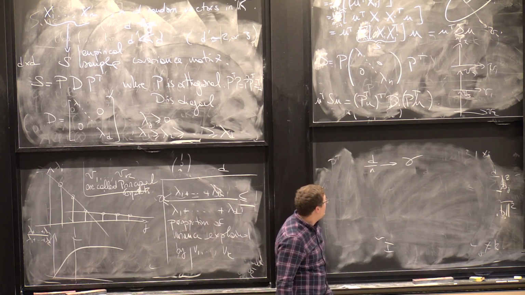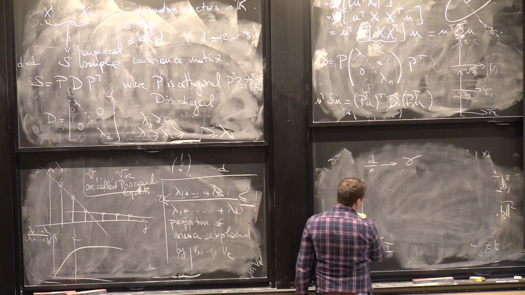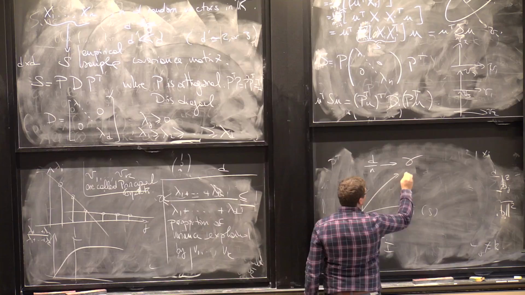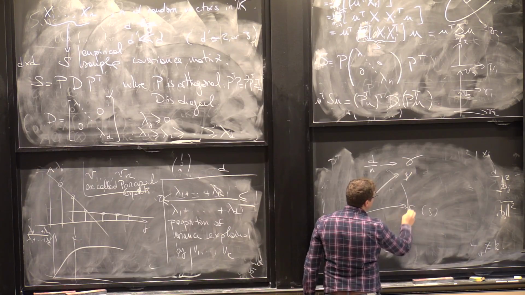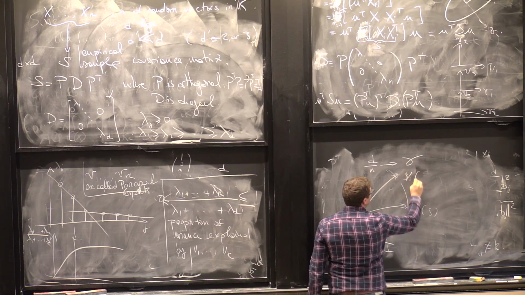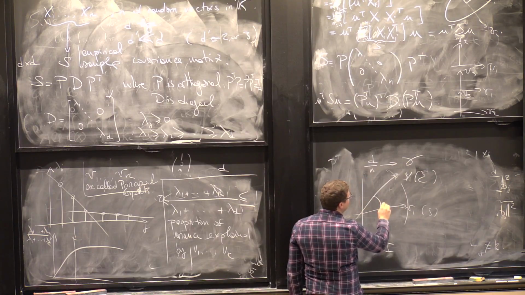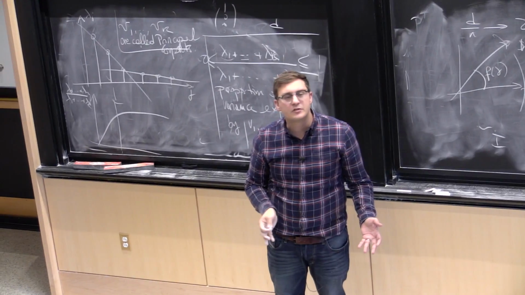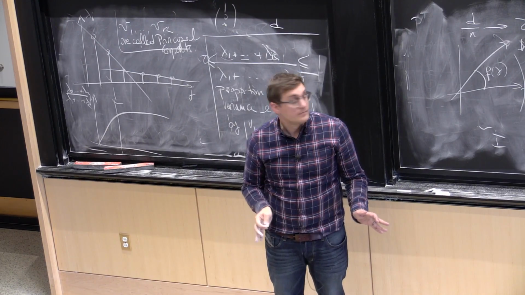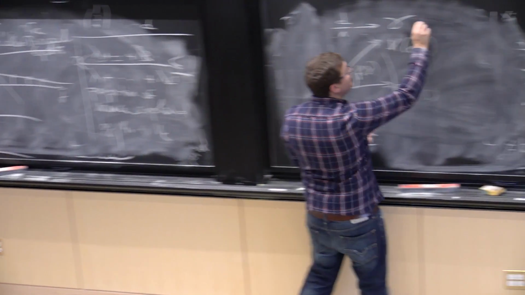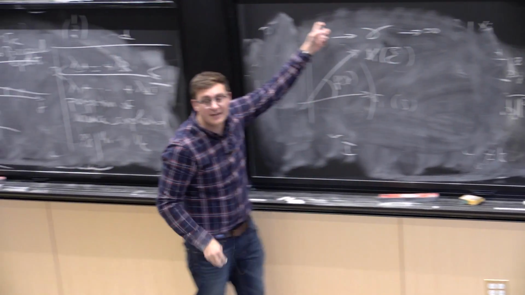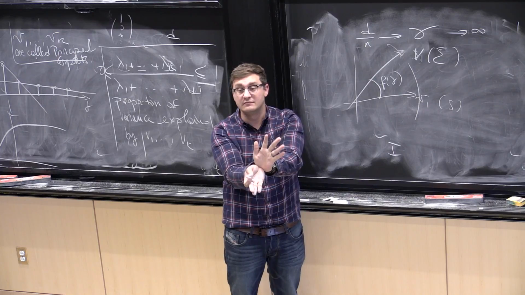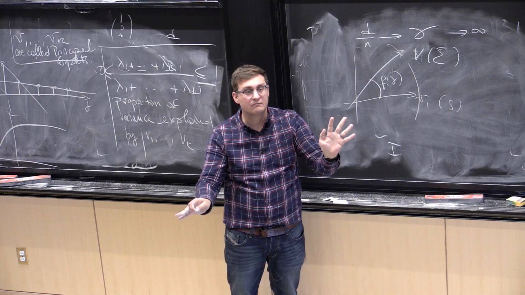What I claim is that if you look at V1 of S and V1 of sigma, which should be of size 1, those things are going to have an angle, which is some function of gamma. It's complicated, but there's a function of gamma that you can see under some models. When gamma goes to infinity, which means that D is now much larger than n, this angle is 90 degrees, which means that you're getting nothing.